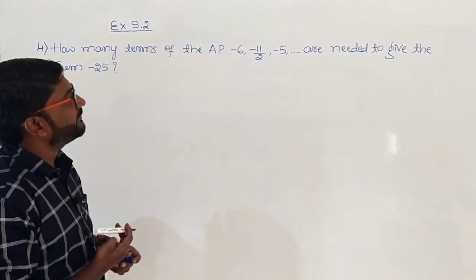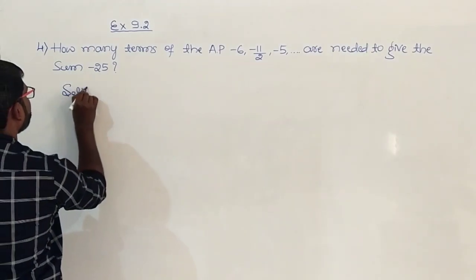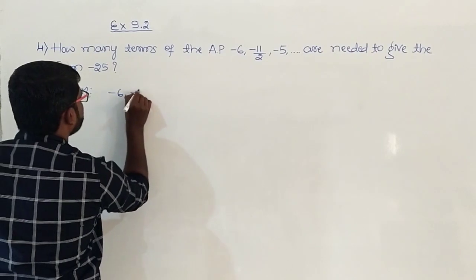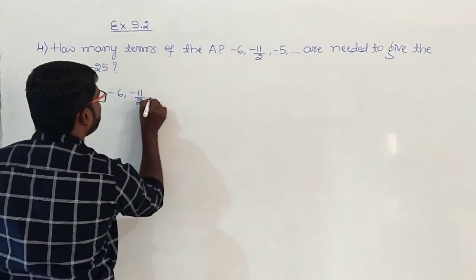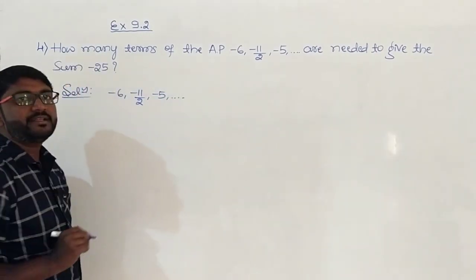So let me write the given AP and the required information. Here minus 6, minus 11 by 2, minus 5, and so on. So this is the given AP.